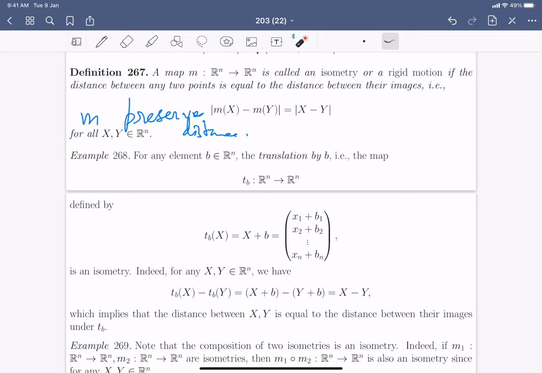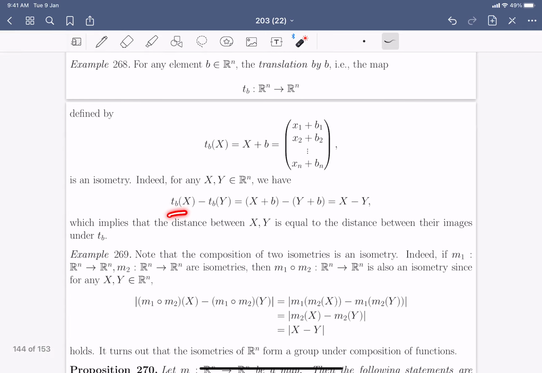It is clear geometrically or intuitively that translation maps are isometries or rigid motions, in the sense that they preserve distance. That is, this equality holds for all x, y inside Rn. This is something that one can check.